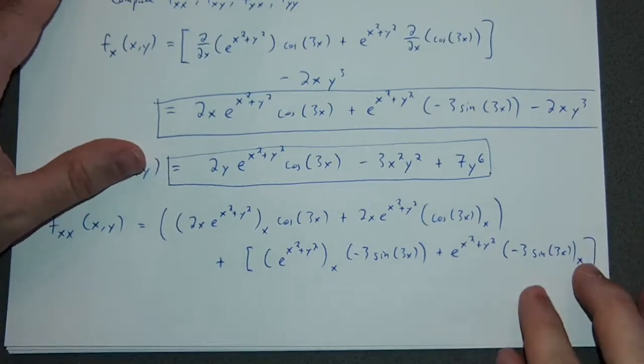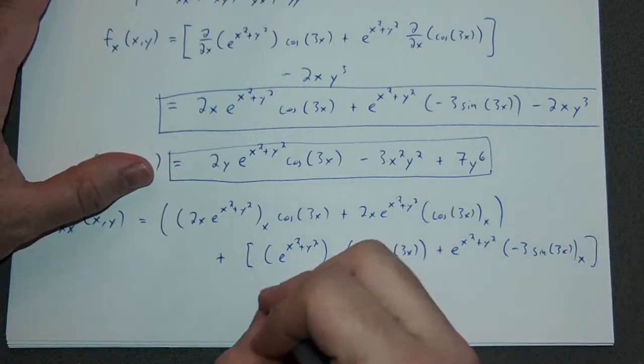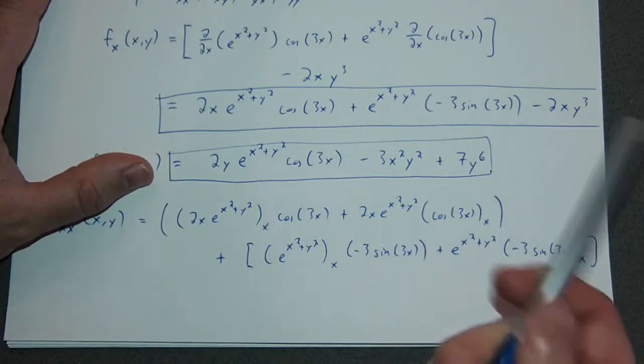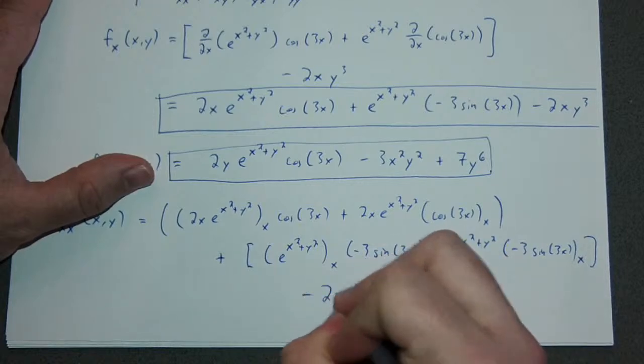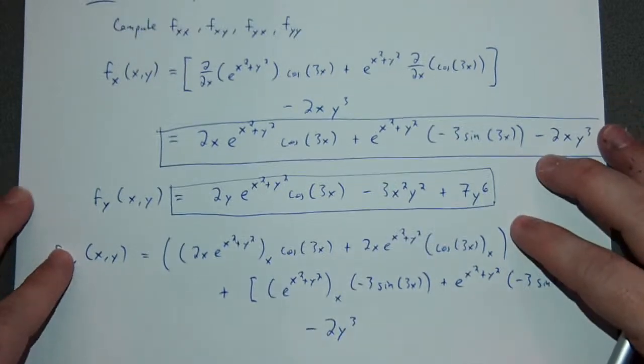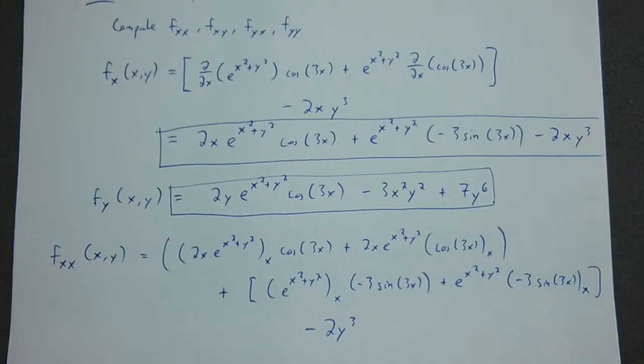So that's the second term. And then the last term is the x partial of minus 2xy cubed, which is just minus 2y cubed. So I have a little bit of work to do here.